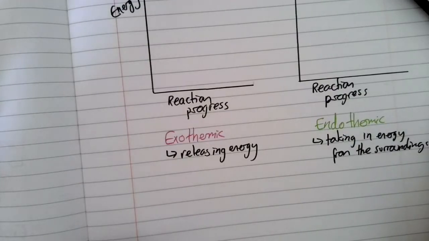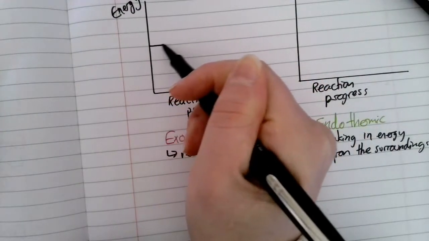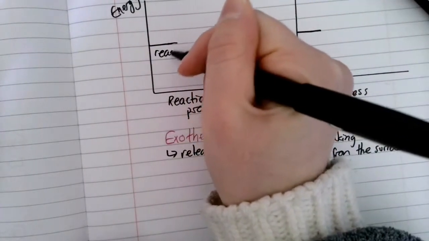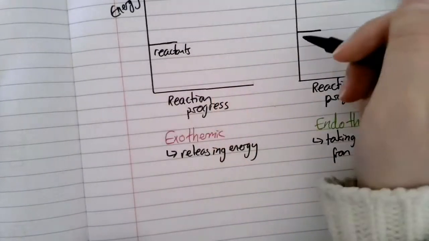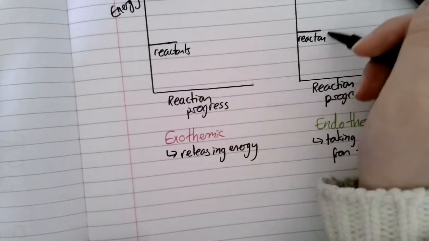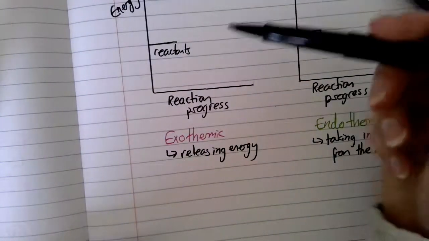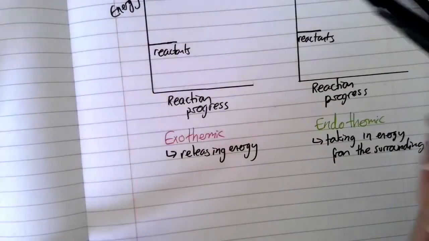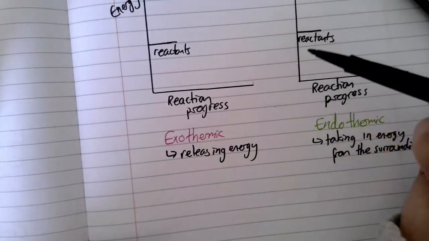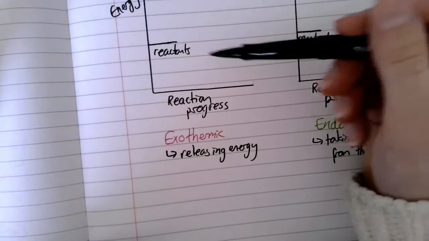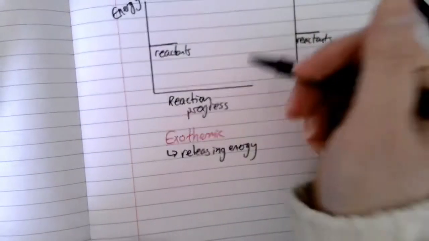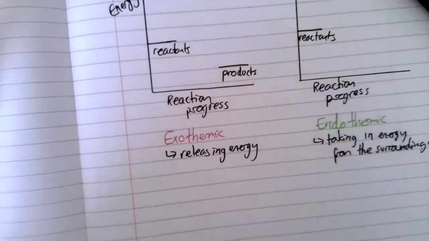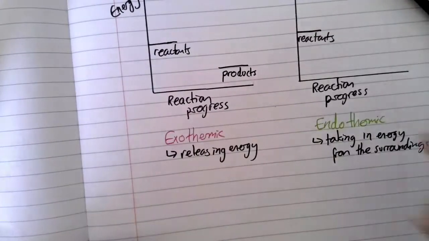To make it comparable, we'll have our reactants starting in the same position. And so because our exothermic reaction is releasing energy, we know from the law of conservation of energy, energy cannot be created or destroyed. So if we're giving energy to the surroundings, our products must be lower in energy to compensate for that difference.